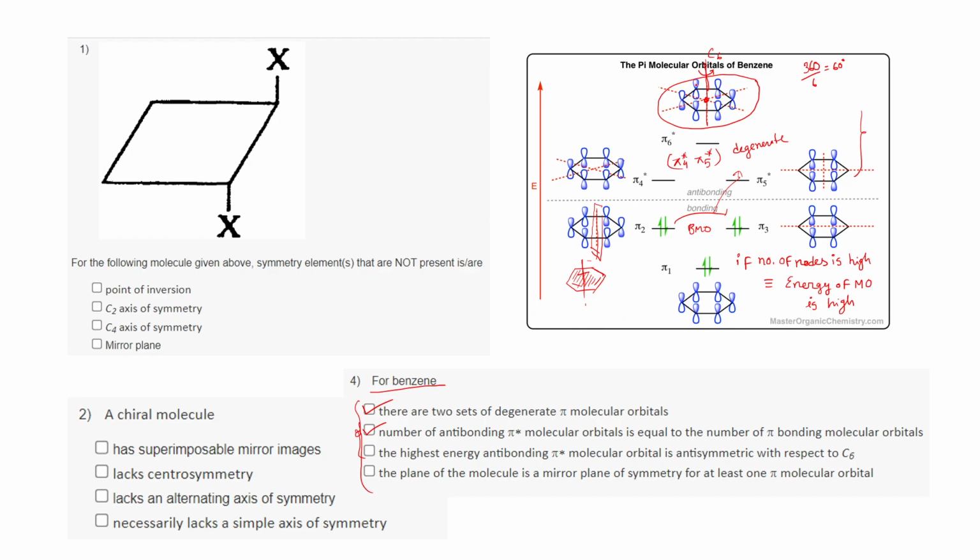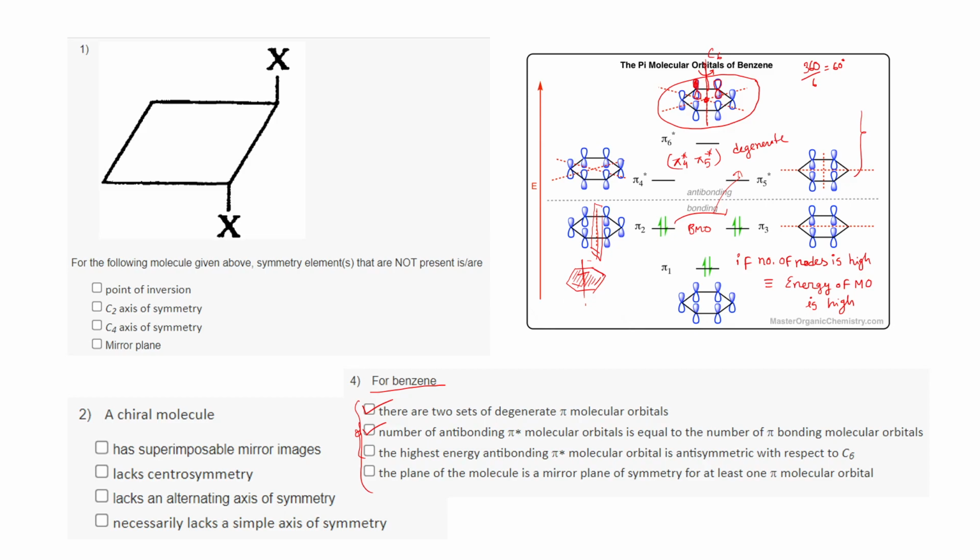See, you have to think about these phases also. These are all p orbitals, right? So pi 6 star, if you can see here, this has a positive lobe. Suppose we are taking it as positive.